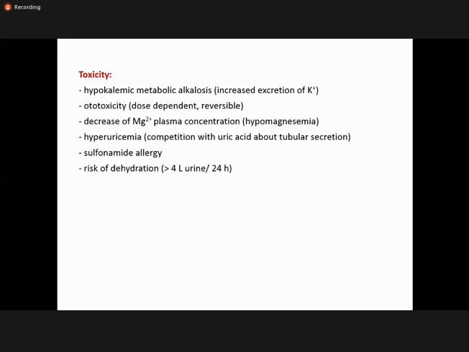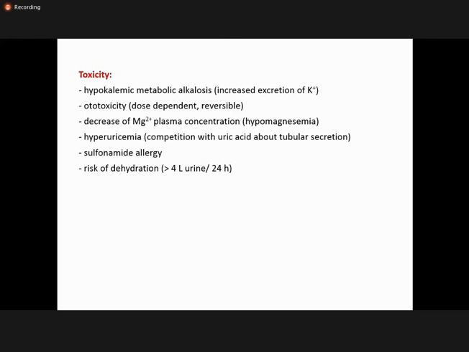This is an important side effect, dose dependent, and fortunately it is reversible when we stop giving therapy. Because of this point, any other drug that can also produce ototoxicity, we have to be very careful when starting therapy with these two different groups of drugs.